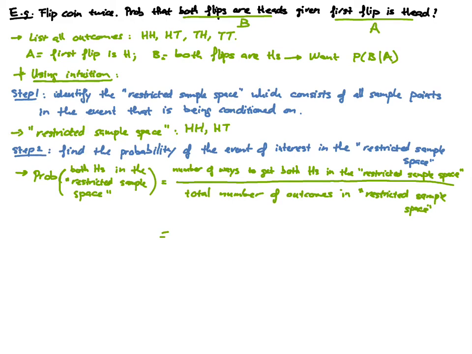How many ways can we get both heads? It's only one way, right? And the total number of outcomes in the restricted sample space, in this case, is 2. So we have a probability of 1/2. And so if you write this formally, the probability of B given A in this problem is going to be equal to 1/2. Okay. So this is how we do this problem using intuition.